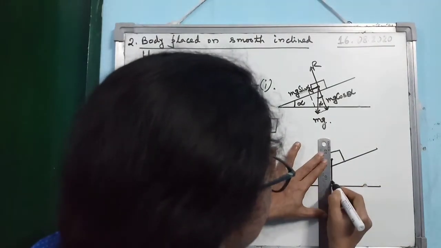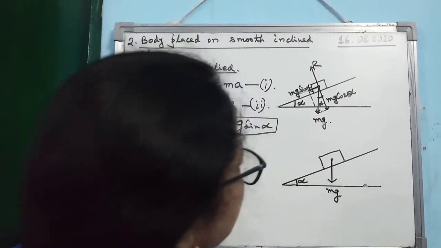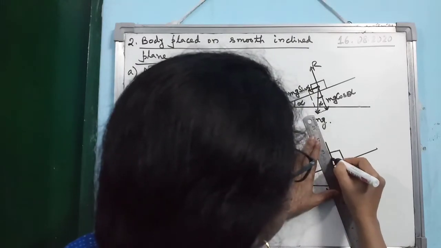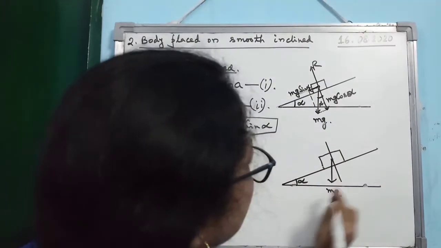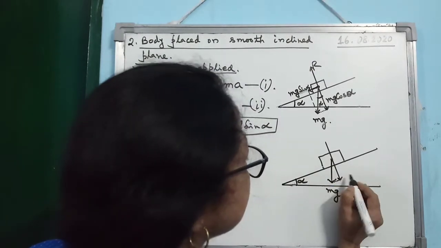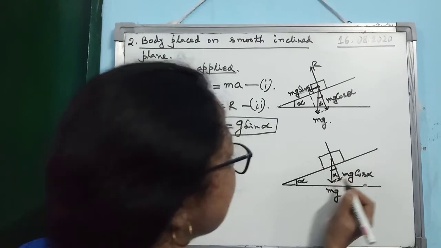So mg is acting in the downward direction. You can break it into two components, so you draw the perpendicular, and from this you take the component. So this is mg cos alpha and this angle is alpha.